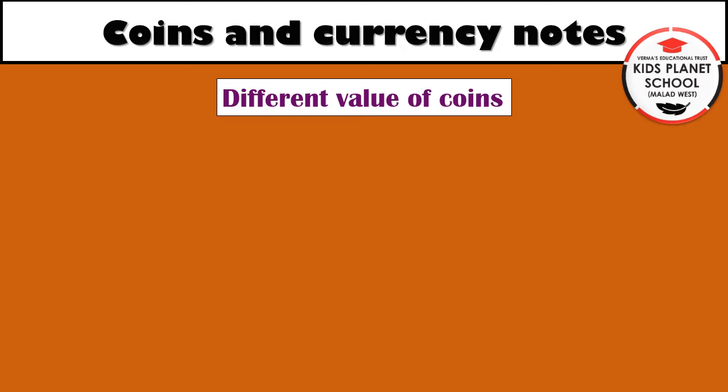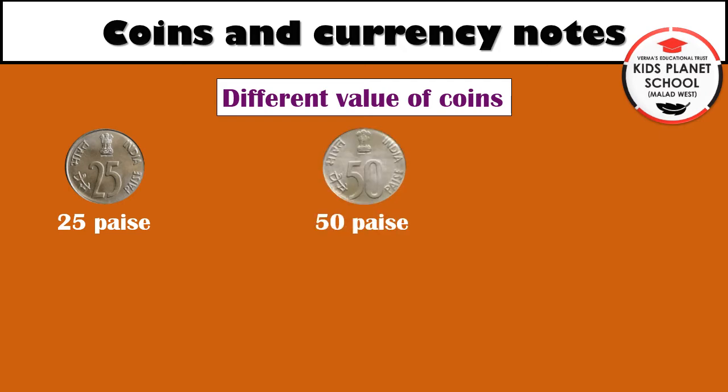Different value of coins. Children, let us study about different value of coins or different amount of coins. The value of this coin is 25 paise. The value of this coin is 50 paise. The value of this coin is 1 rupee.